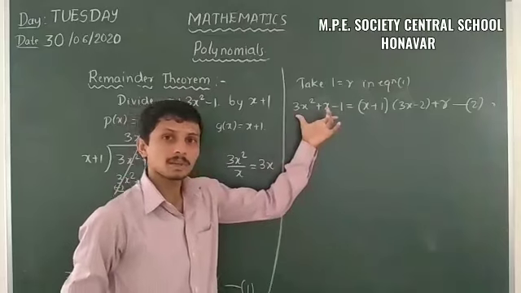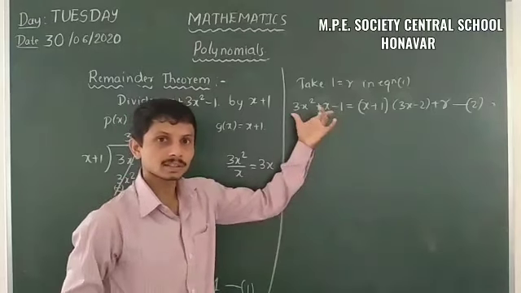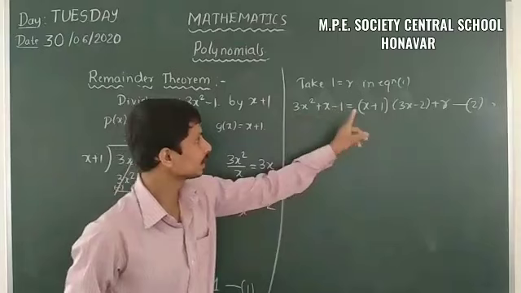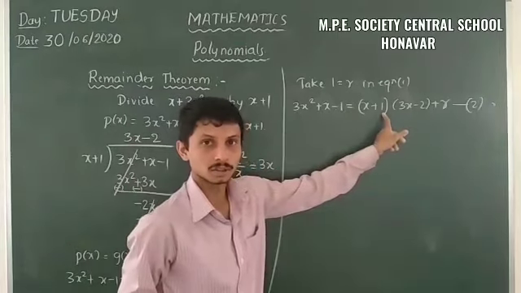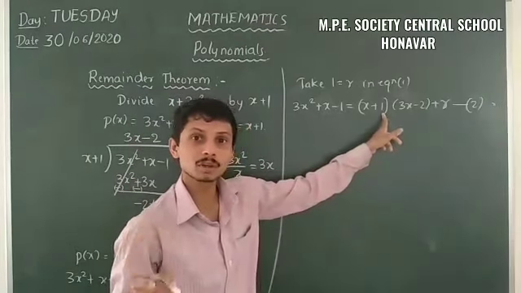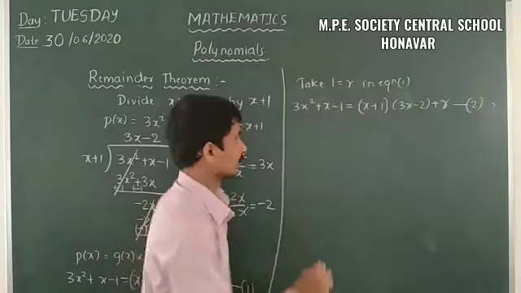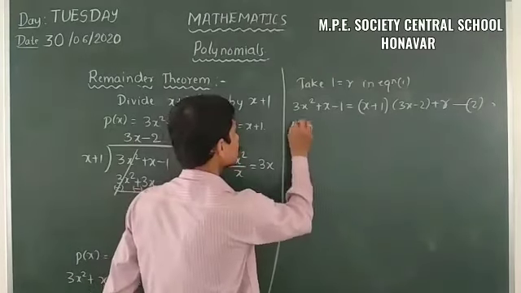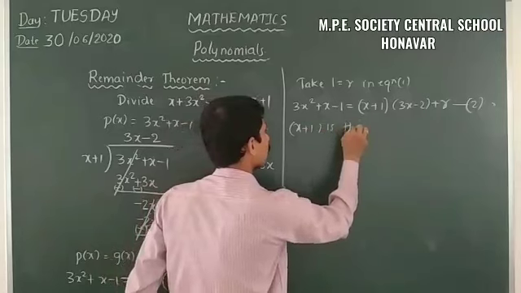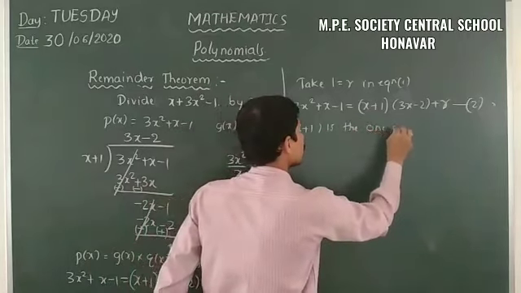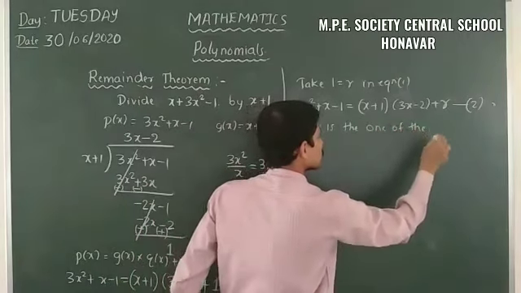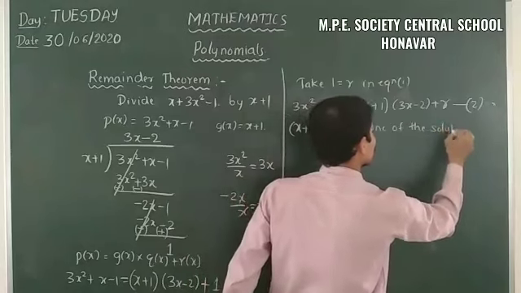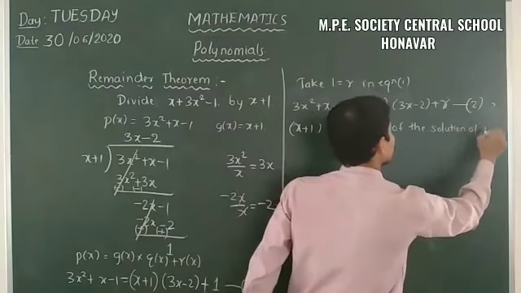Here the polynomial with degree 2, this quadratic polynomial, is expressed as a multiple of x plus 1. So that means x plus 1 is one of the factors of the polynomial p of x.